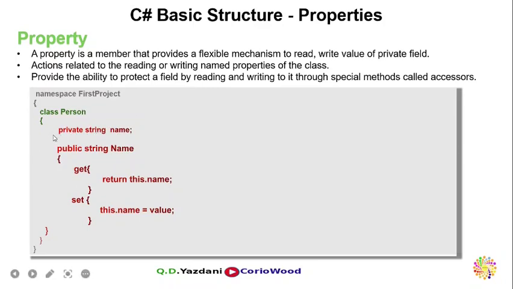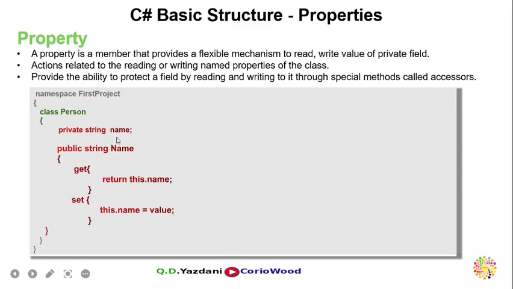Keep in mind, if you declare another field here, say for example a private string country, or a private string flag, whatever you put, you need to declare another property for it. You can't put it inside here because this is just for name. Say, if I have a private string country, I need to declare another property, for example public string.